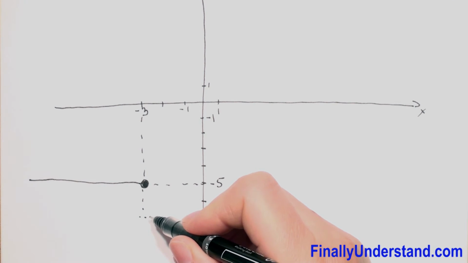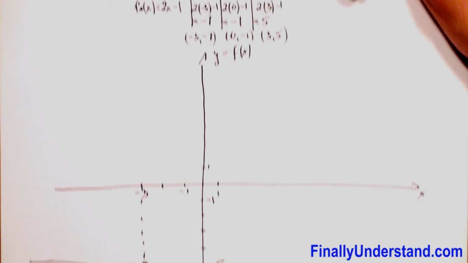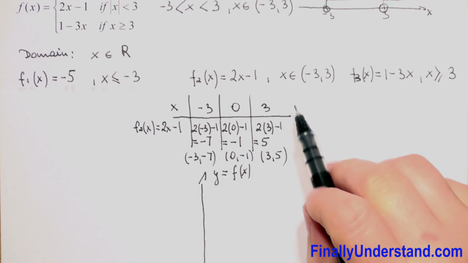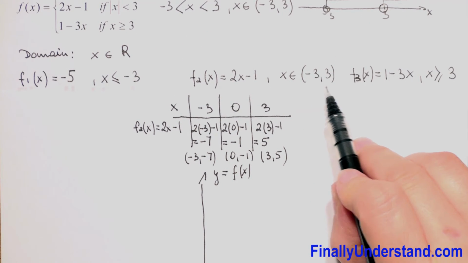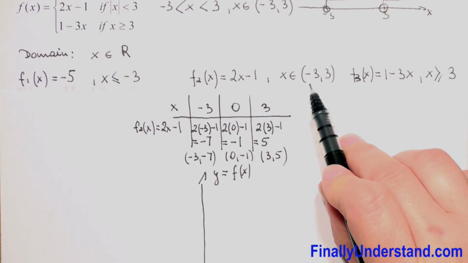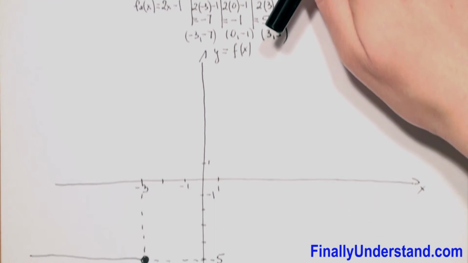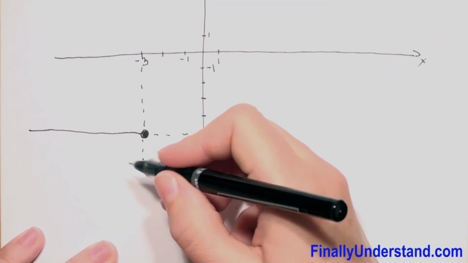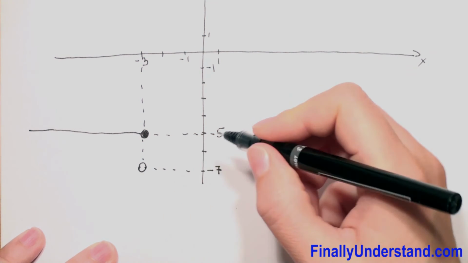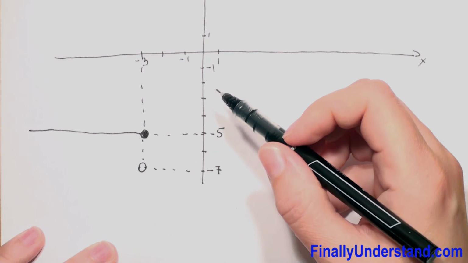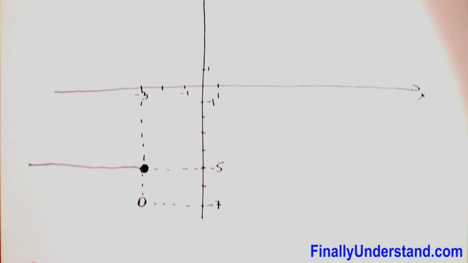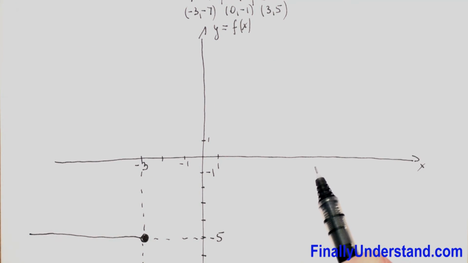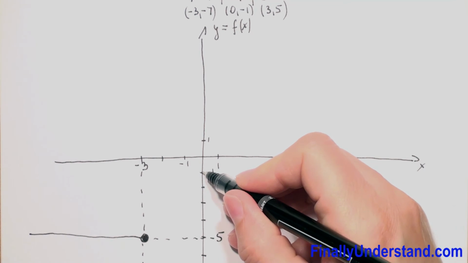And because we have domain for our second function, open interval from negative 3 to 3, it means negative 3 is not included. So I will draw circle. Next point we have 0, negative 1.